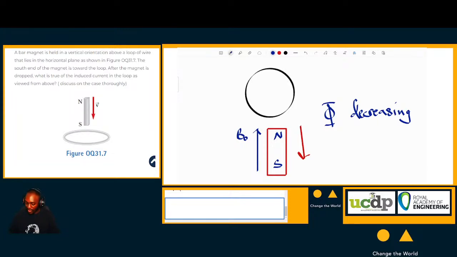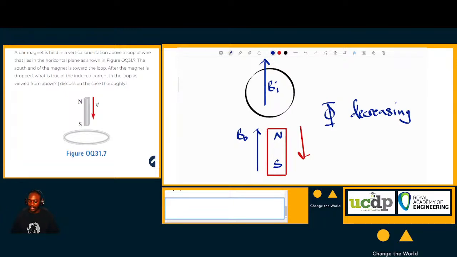Now, if the flux is decreasing, the direction of the induced magnetic flux will be in the same direction as the original magnetic field, according to Lenz's law. So the flux induced in the coil, Bi, is going to be in the same direction as the original magnetic field.